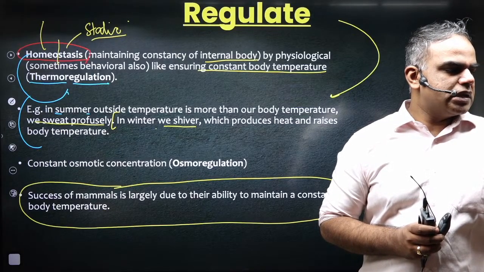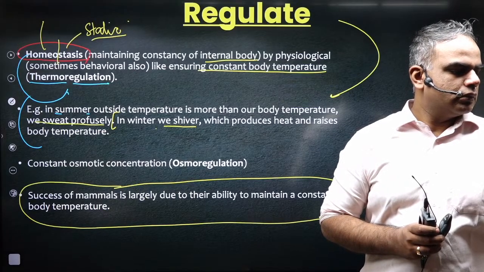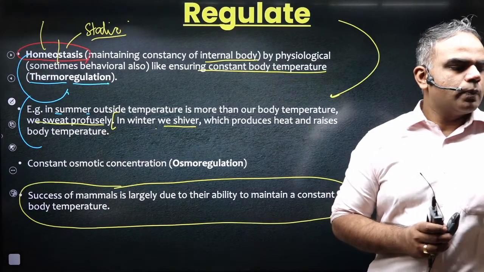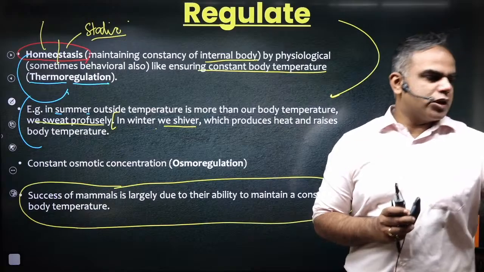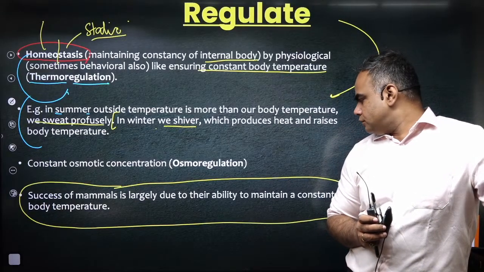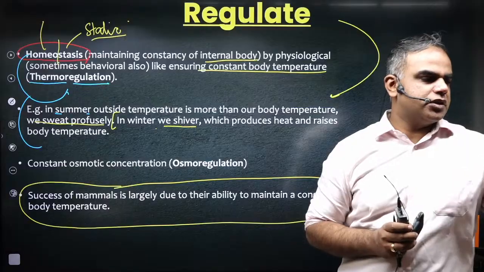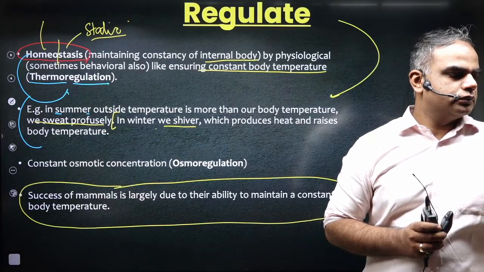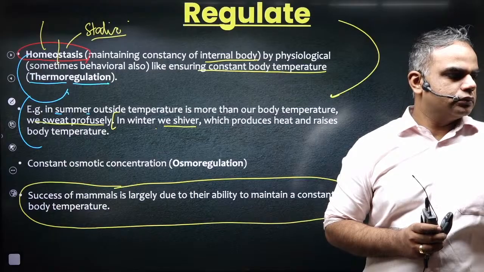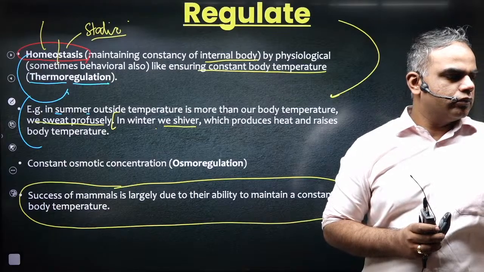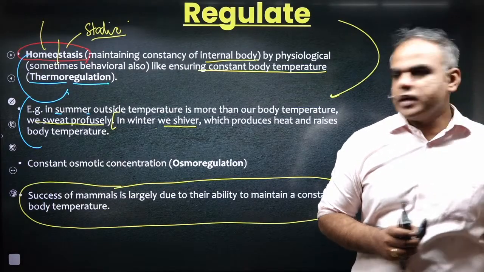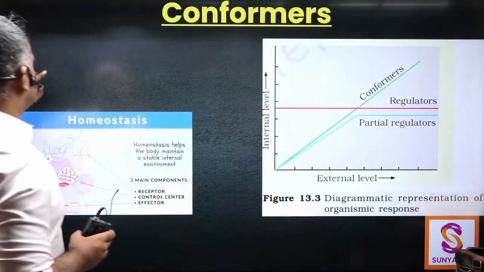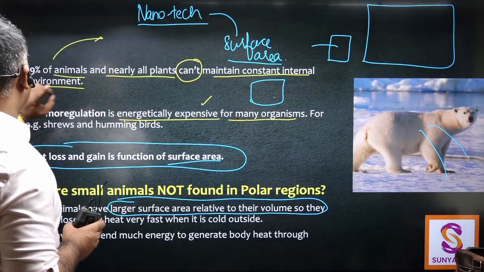The success of mammals is largely due to their ability to regulate or maintain a constant body temperature. Okay? You have to draw. You have to just write a couple of lines, and then after that we'll draw one graph.